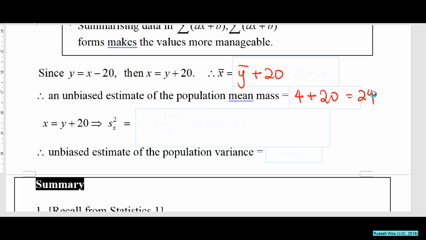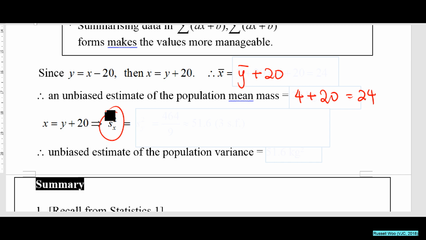Then, what is the relationship between Sx squared and Sy squared? Now think about it. What did you do to all the x values? You minus 20 from all the x values. Would it make a difference to the spread of the data? No. Absolutely not. You only minus 20, it would not make a difference to the spread of the data.